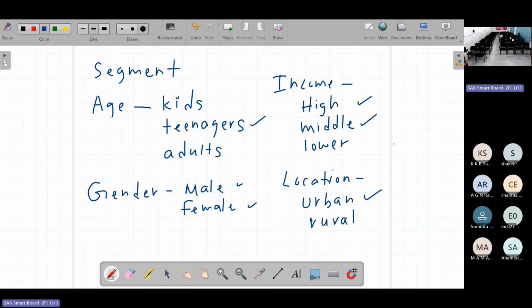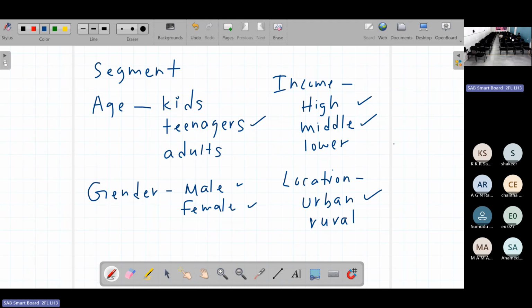Now these are different segments that we have. Right? So then we are going to create a profile for each of these segments.